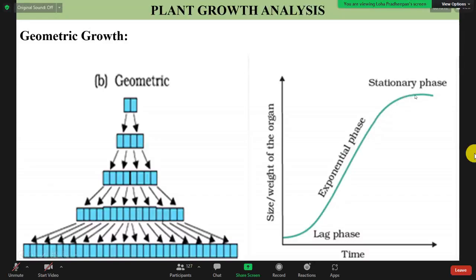Then it is decreasing, and if you look at the plant growth, it comes like this, a further decline. That is what we call the negative phase.